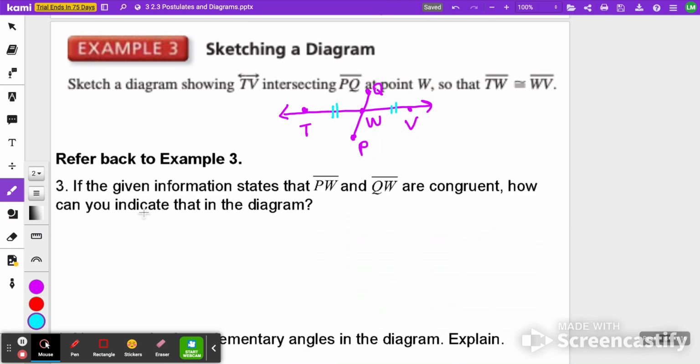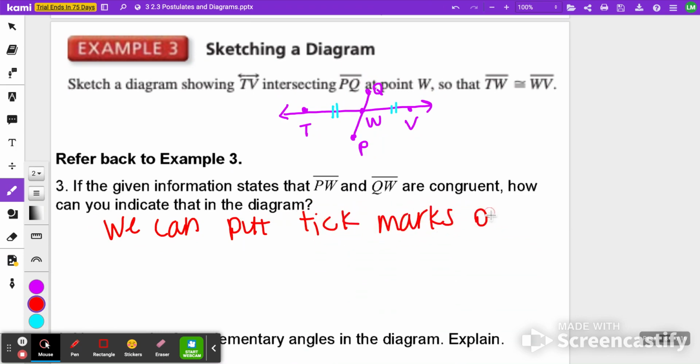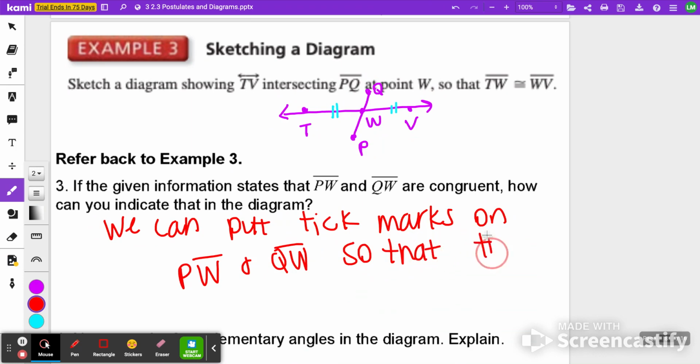Now it says if the given information states that PW and QW are congruent, how can you indicate that on the diagram? Well, we can put tick marks on PW and QW so that they match.